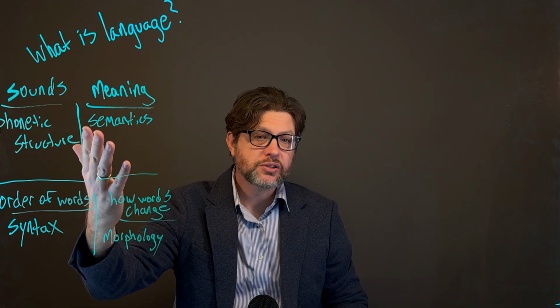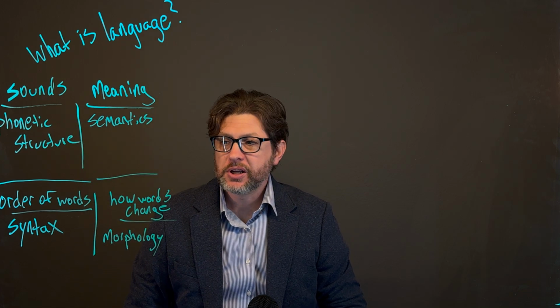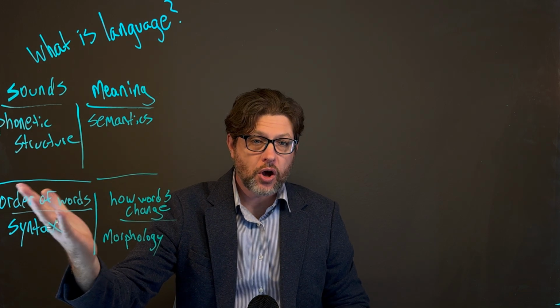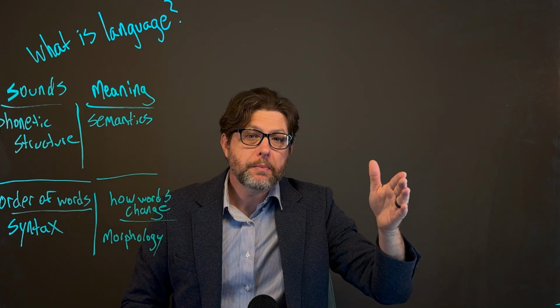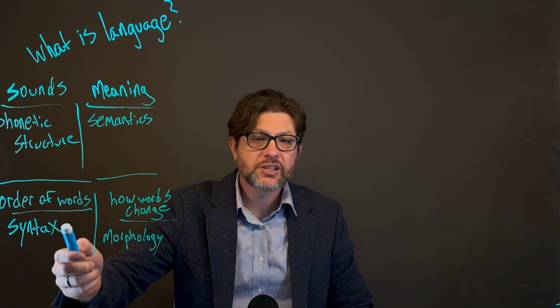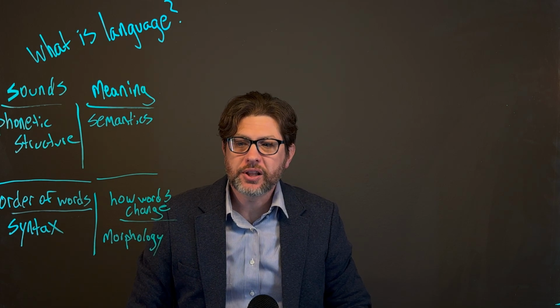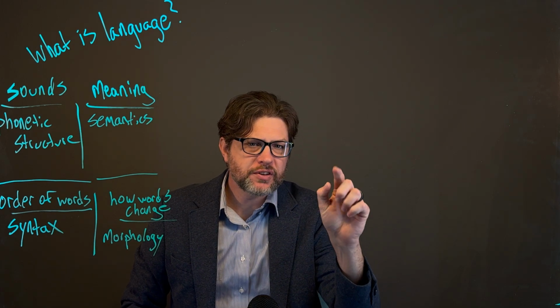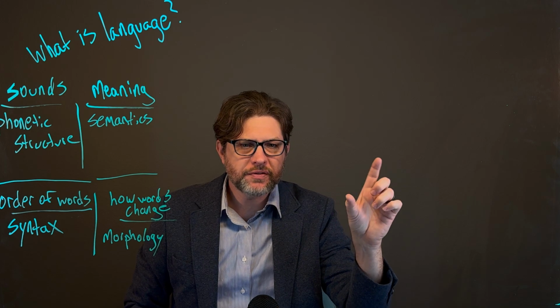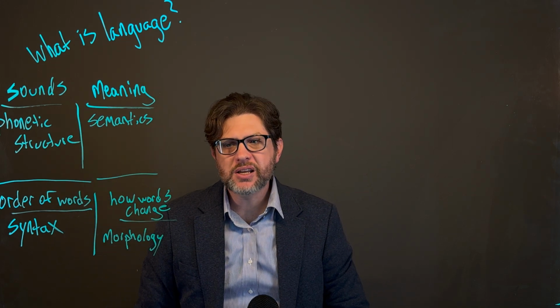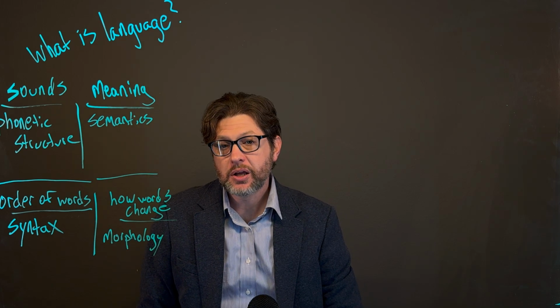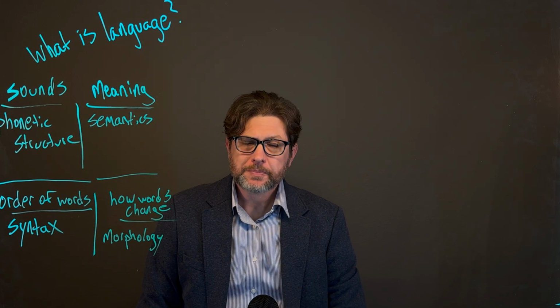Words have meaning, so there are semantics involved. There's also the way that words are ordered so that they can be more intelligible, and that's going to be the syntax of the language. And then words can shift and change, and how those words shift and change can often affect the semantics, or the meanings of those words. That's going to be the study of morphology.